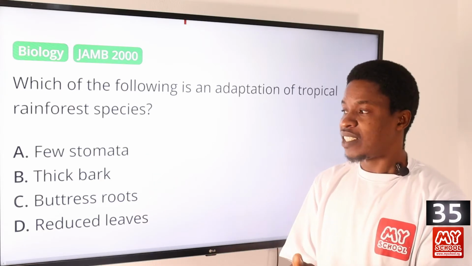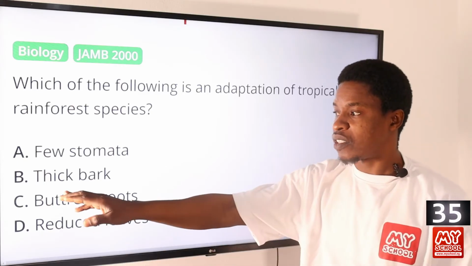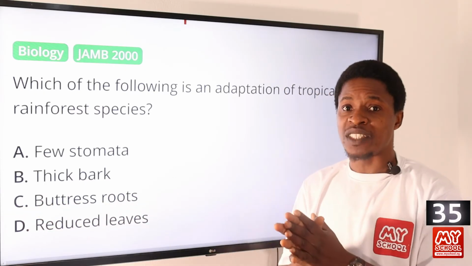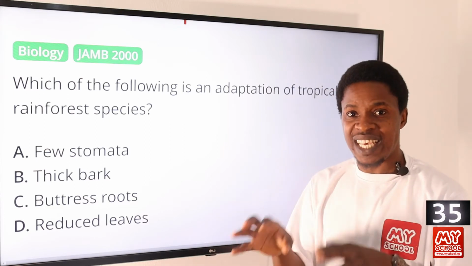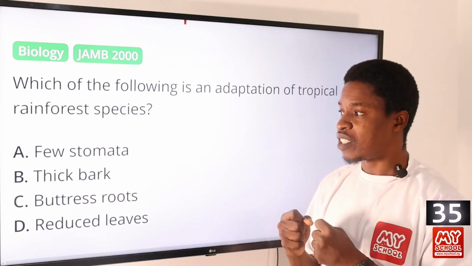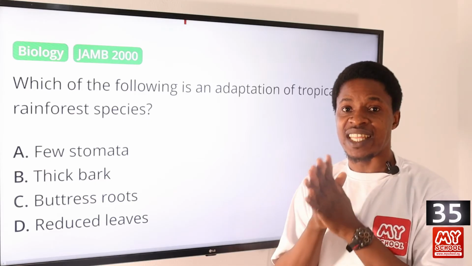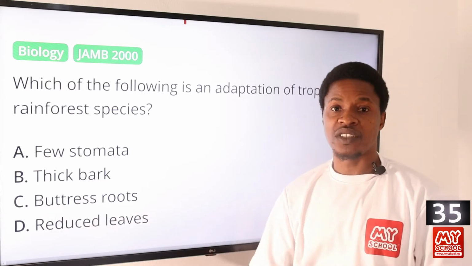But for the tropical rainforest area, we are talking about those plants or species that have buttress roots. You see, they have moisture, water, and other nutrients present in that environment. So the correct answer is option C, buttress roots.